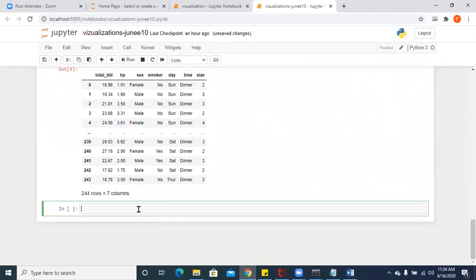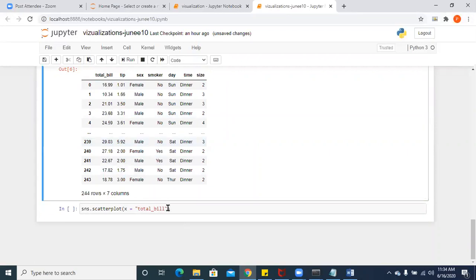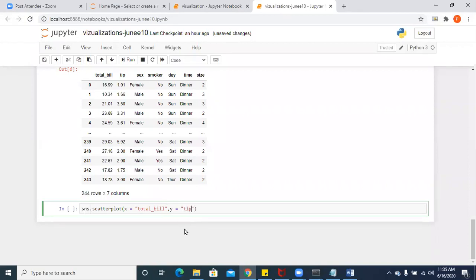How can you use that? sns.scatterplot with x as total_bill and y as tip. And where are the total bill and tip coming from?